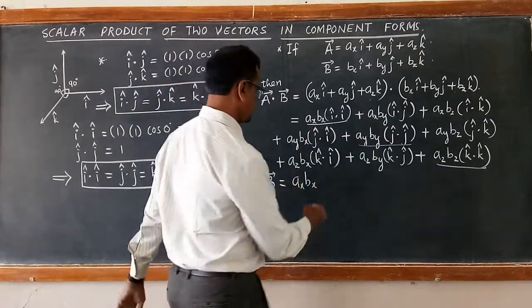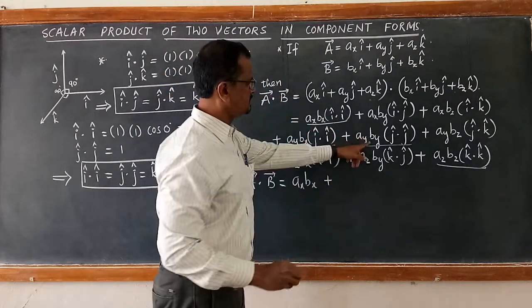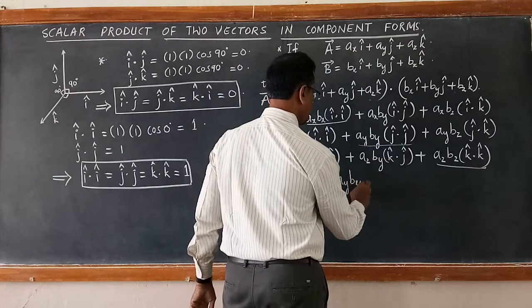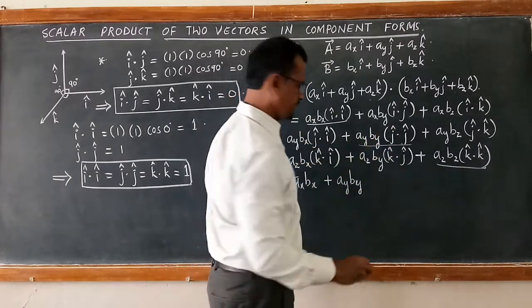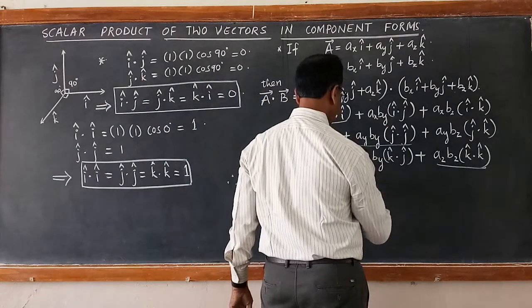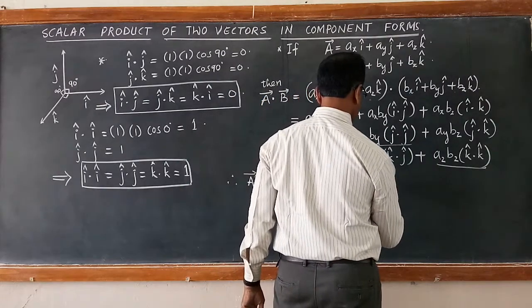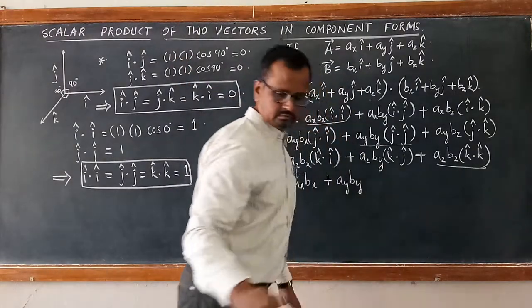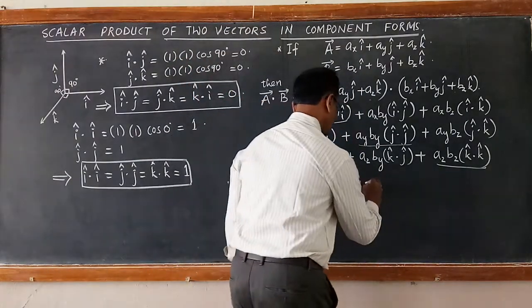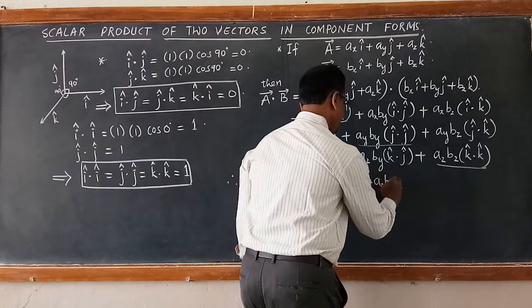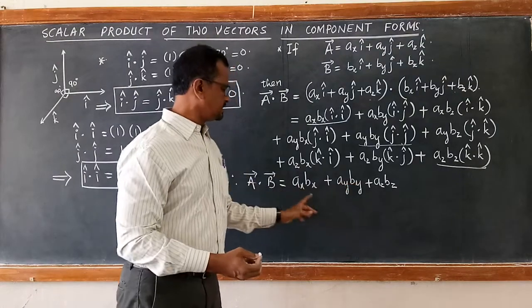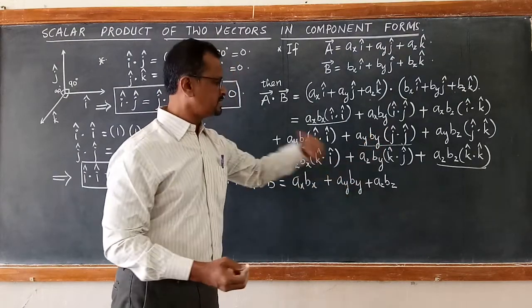It is 1. So ax bx is 1, plus ay by into 1 again, plus az bz into 1. So you are getting a very simple result: ax bx plus ay by plus az bz.